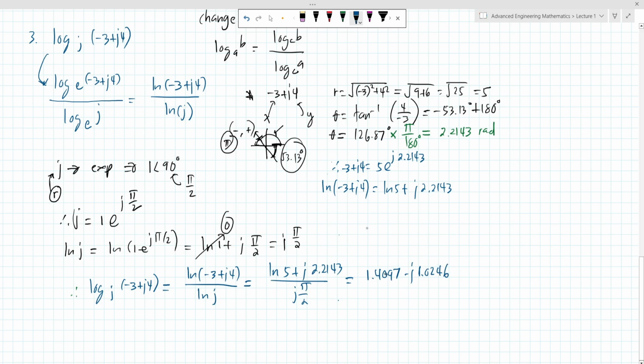So this is the equivalent value or expression for the log of negative 3 plus j4 to the base j. Alright? So that's it for this topic, logarithm of complex number.